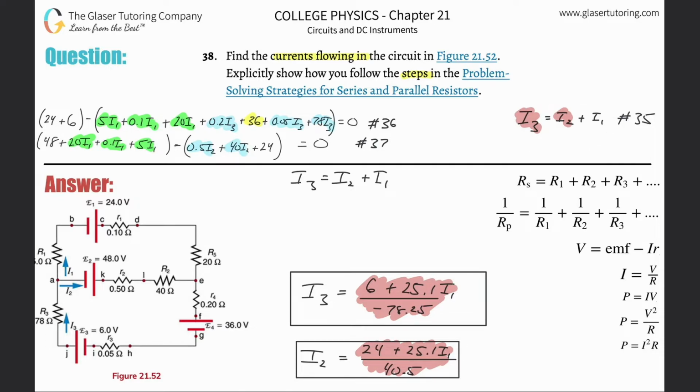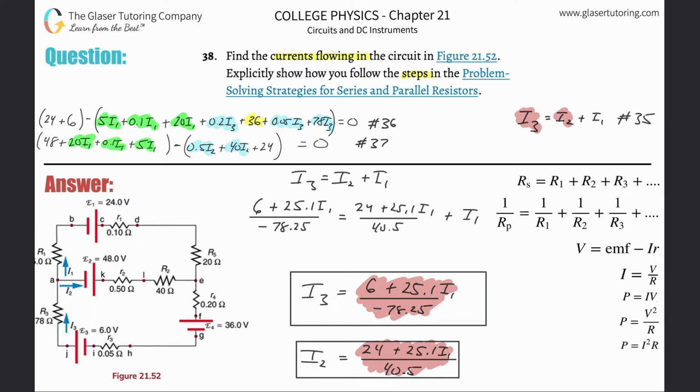And for I3, I'm going to plug in now 6 plus 25.1 I1 all over then negative 78.25. And that's then going to be equal to your I2 now, which is 24 plus 25.1 I1 all over 40.5, and then plus now your I1.